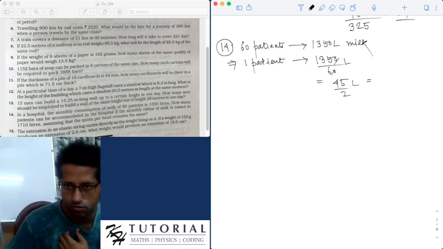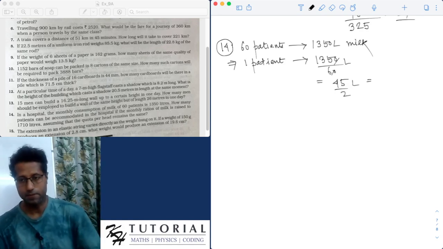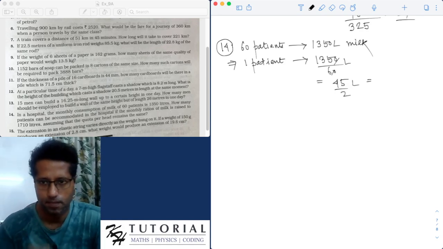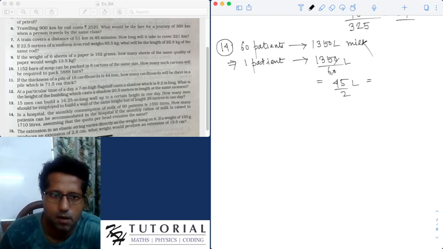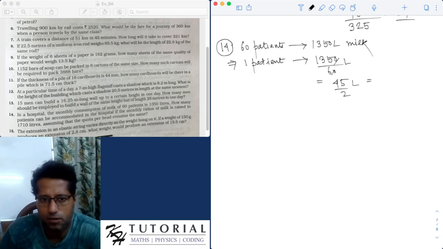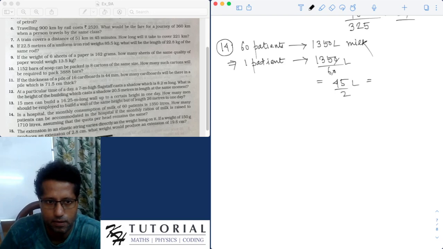One patient is consuming 45 by 2 liters of milk initially. Now it is asking how many patients can be accommodated in the hospital if the monthly ration of milk is raised to 1710 liters.